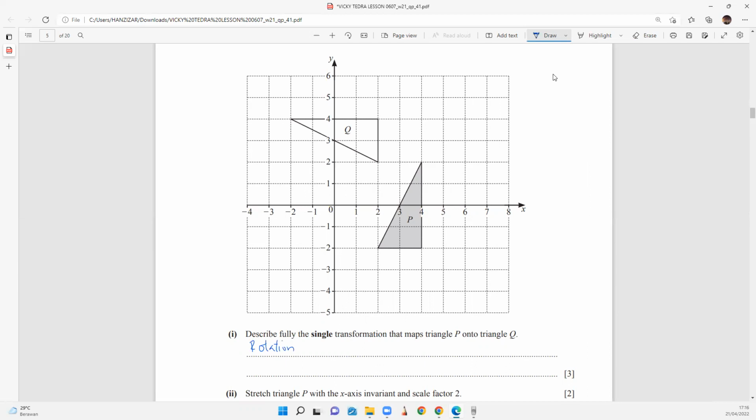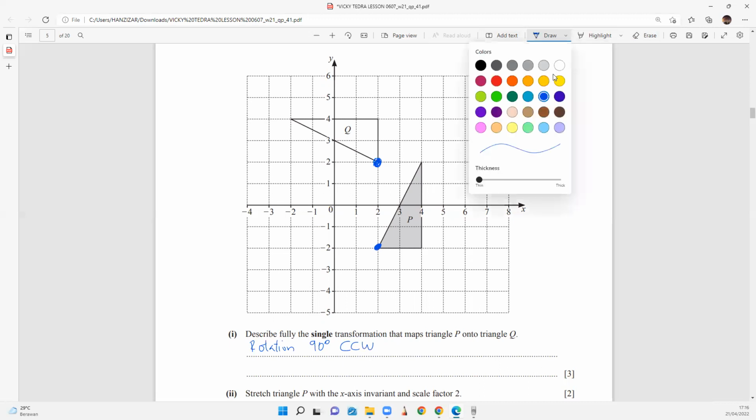If you look at the shape, it's clearly seen it is 90 degrees, right? And from P to Q, it is clockwise or anti-clockwise. Wait, from this point, let's say from this point to this point, right? It cannot be another point because this is the same position. Okay, so it is rotated 90 degrees counterclockwise. And you need to mention the center.